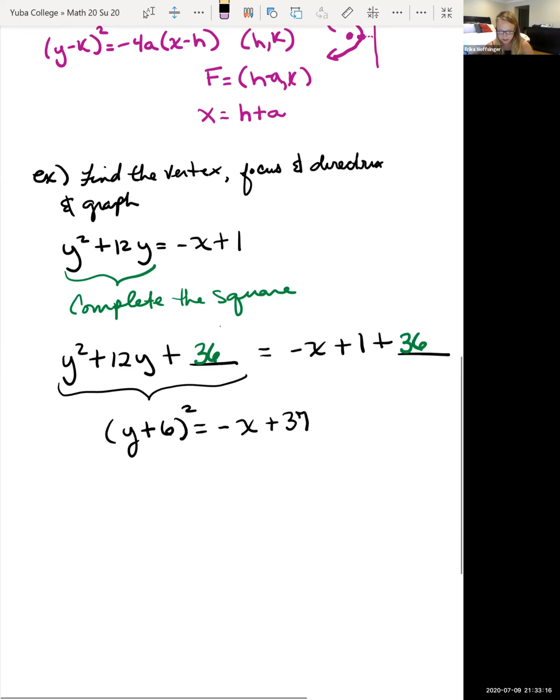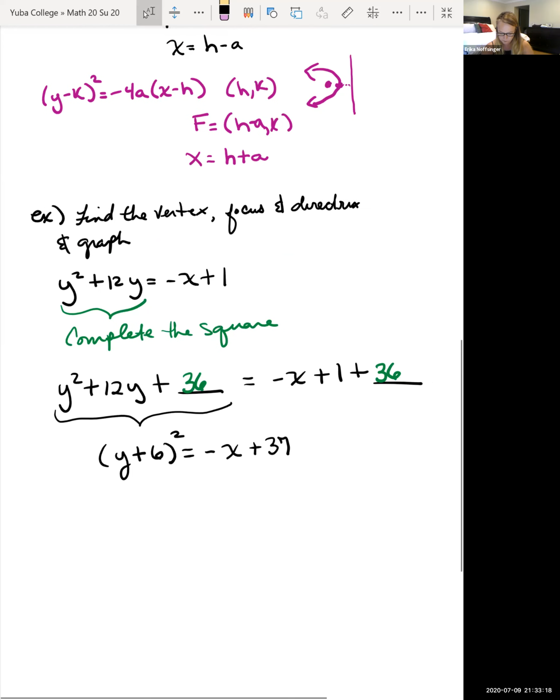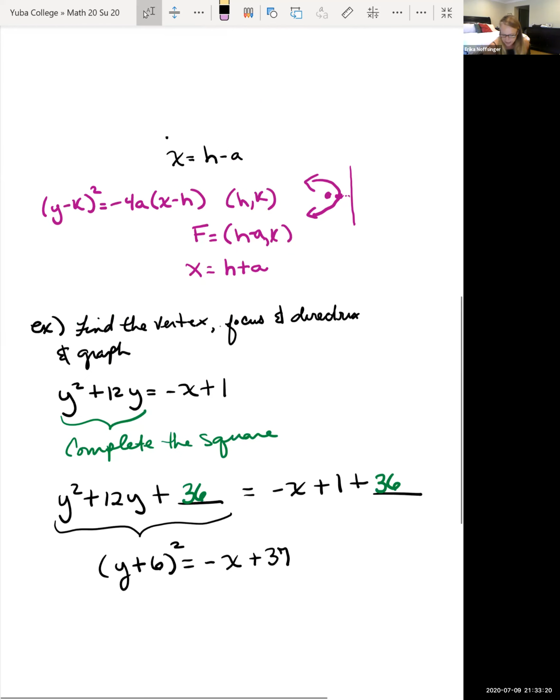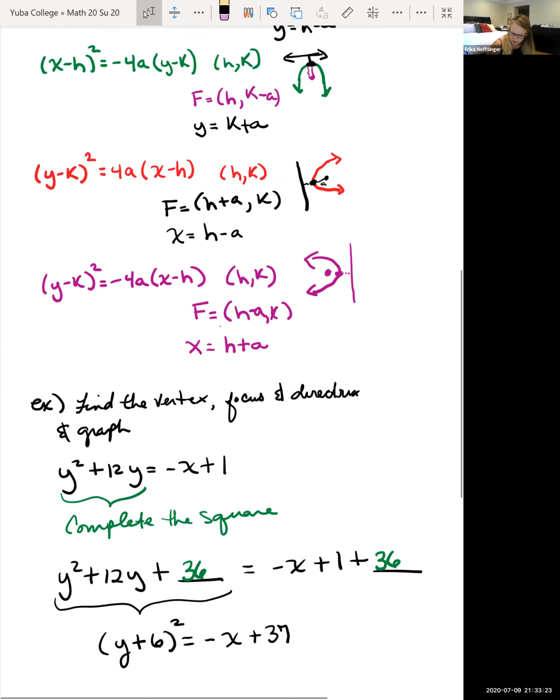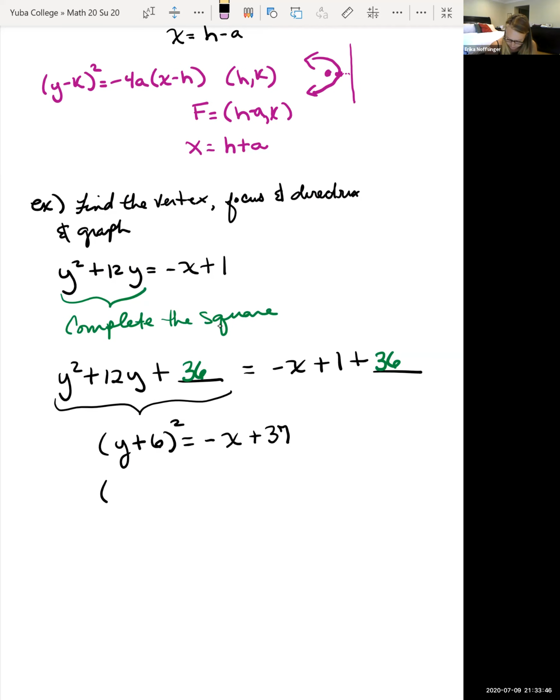Okay, so notice that this is in the form of x minus h. Notice in the parentheses that the coefficient in front of the piece that wasn't squared should be 1. And so I need to make this a positive 1. We can do that by factoring out a negative. So actually this is going the other direction than I thought.